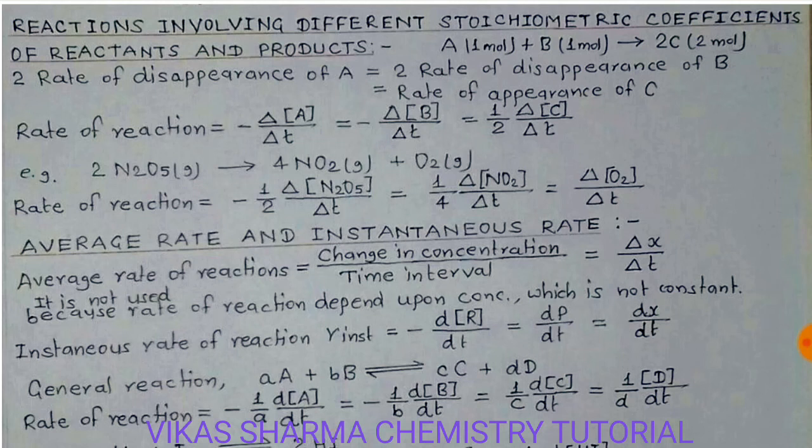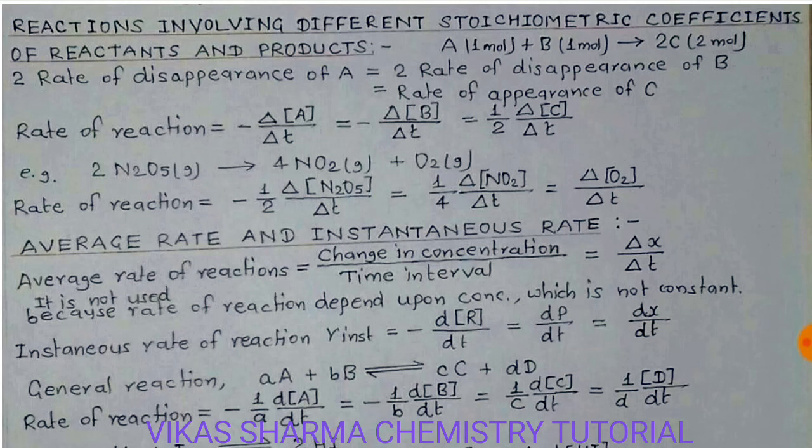Another example, N2O5, dinitrogen pentoxide, 2 moles converts into nitrogen dioxide, 4 moles, and 1 mole of oxygen gas. When we convert this into the rate of reaction, it is equal to minus 1 upon 2, because in N2O5 the coefficient is 2, so it is put on the denominator side, delta concentration of N2O5 divided by delta T.